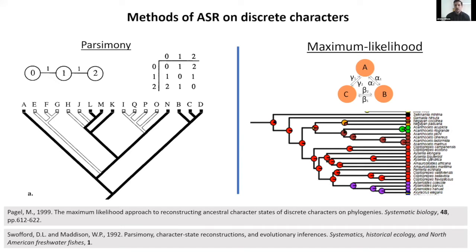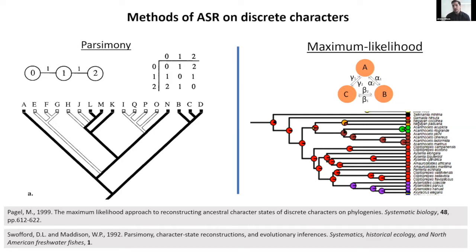Whereas newer methods, model-based methods like maximum likelihood, use an underlying continuous time Markov model and maximum likelihood or some other criterion to identify the rates that maximize the likelihood over the tree. And these do take into account branch length information.